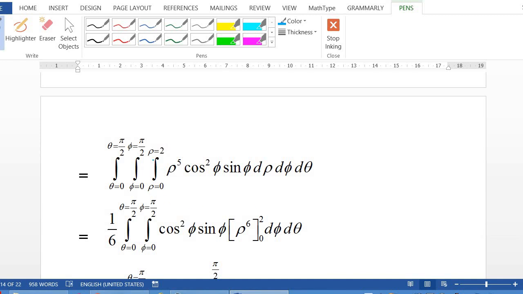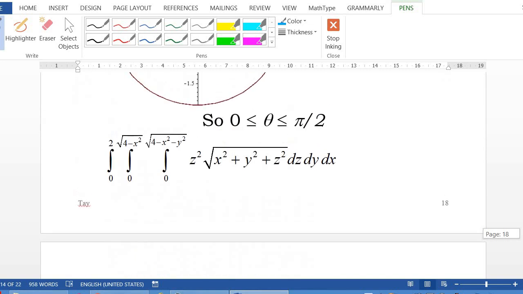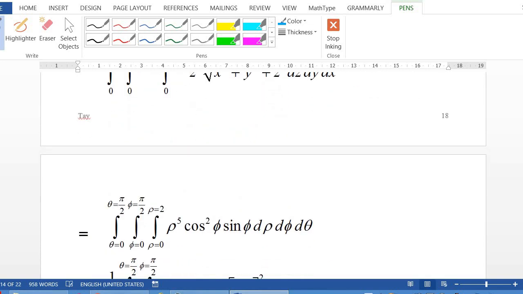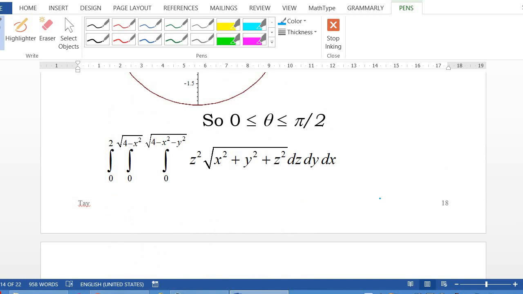Rho is the same, the upper hemisphere has radius 2. For the upper hemisphere, phi is still 0 to pi over 2. However, the projection is only a quadrant of a circle. This example means you don't have the full hemisphere, but one quarter of your hemisphere.